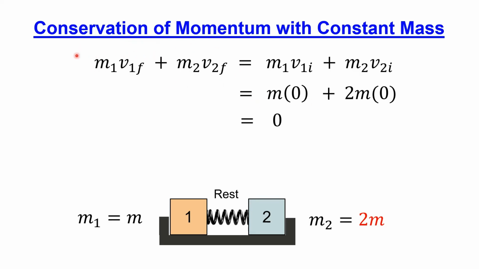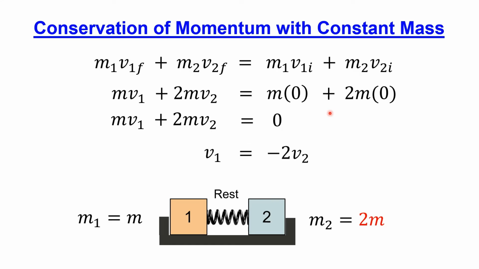Over here, I'm going to do something similar to last time where I'll plug in the masses. I don't know what the velocity of cart 2 and the velocity of cart 1 are, but that's okay. I can solve for it because this whole thing is, again, equal to 0. When I simplify, I'll skip the algebra and end up getting this result.